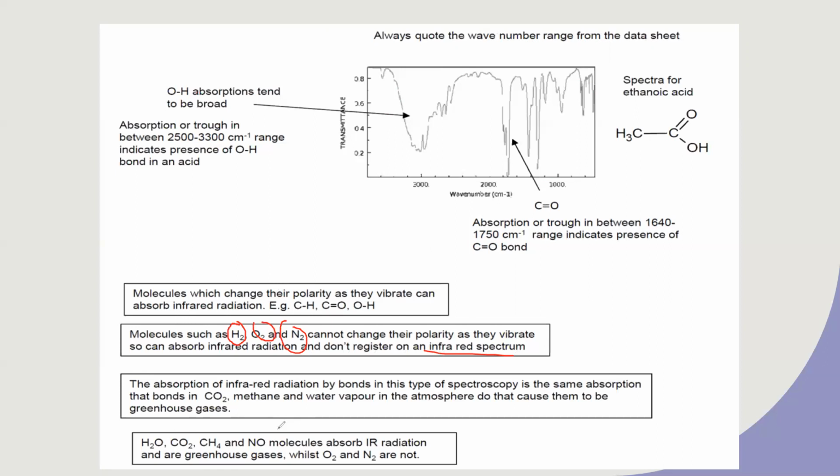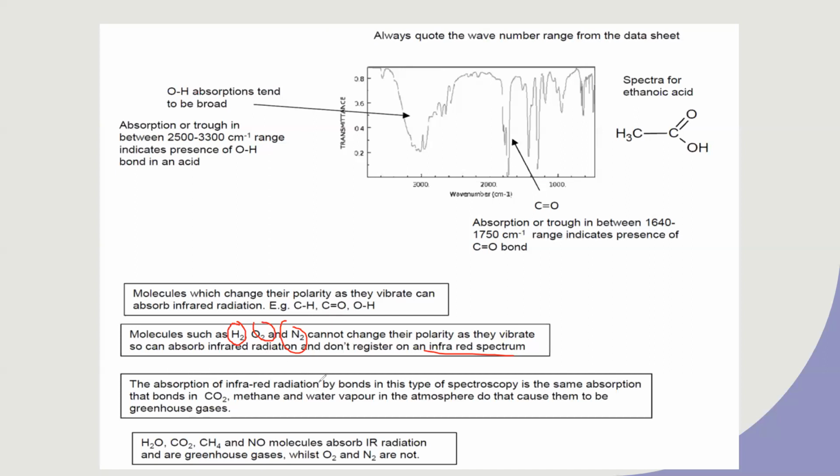And H2O, CO2, CH4, NO molecules absorb infrared and are greenhouse gases, whereas N2 and O2 are not greenhouse gases. Greenhouse gases absorb infrared radiation, or when they re-radiate, they radiate longer wavelengths which cannot escape the atmosphere.